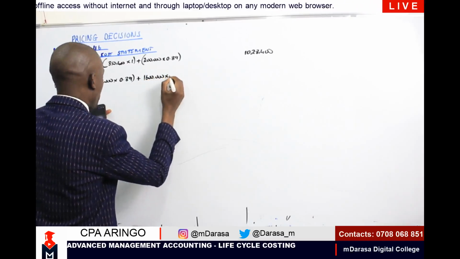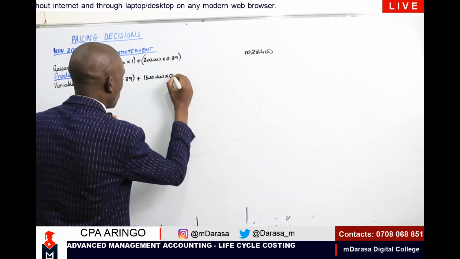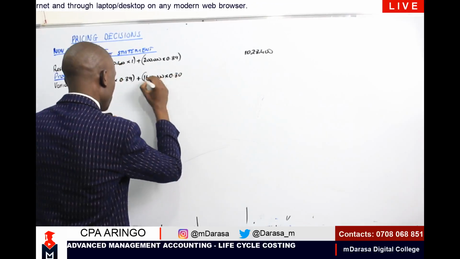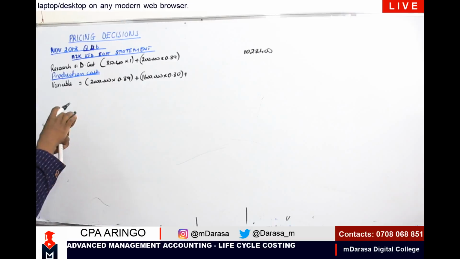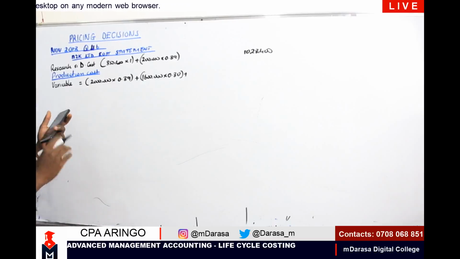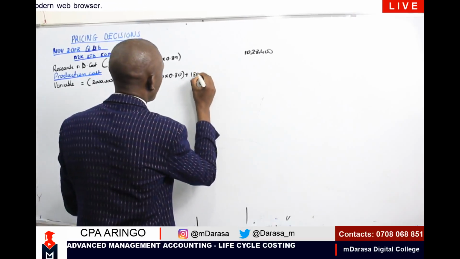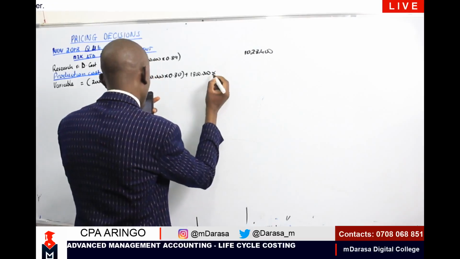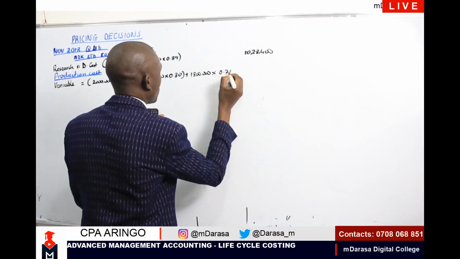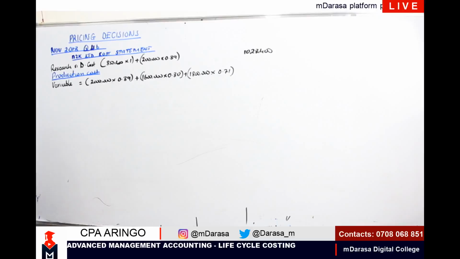We multiply by the present value for year 2, which was 0.80. Then you are going to add 90 by 20,000, which should give us 1.8 million. We multiply by the present value for that period, 0.71. That should give us our variable cost.